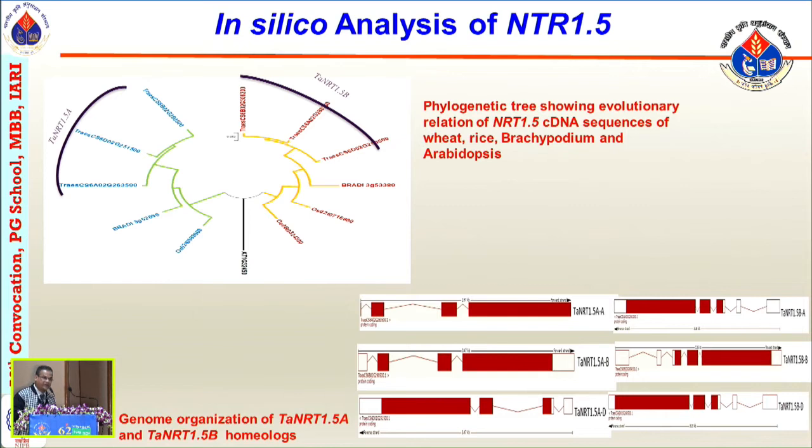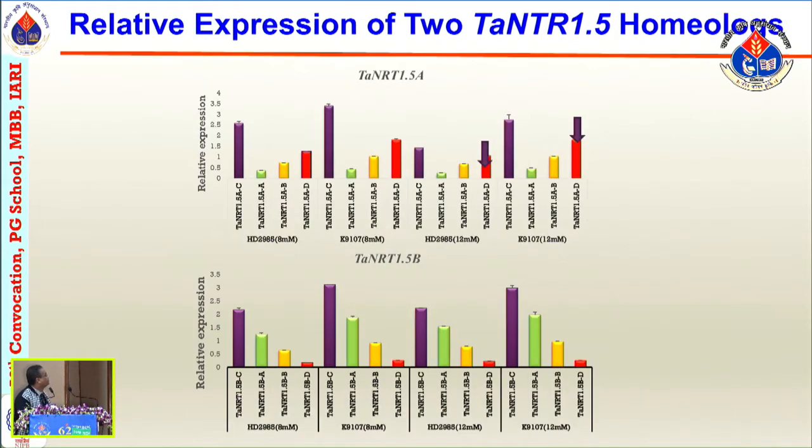Based on the Arabidopsis gene sequence as reference, he could clone 2 homologs from wheat, NRT1.5A and B, present equally on all 3 subgenomes. Phylogenetic analysis showed them grouped in 2 different groups, and the genome organization of these 2 homologs was found to be very different. These 2 homologs are equally expressed in the D and A subgenomes.